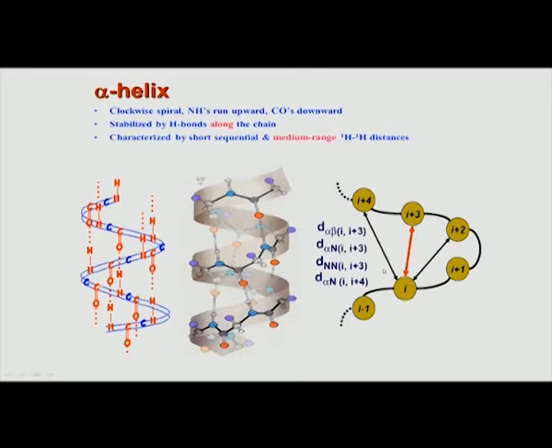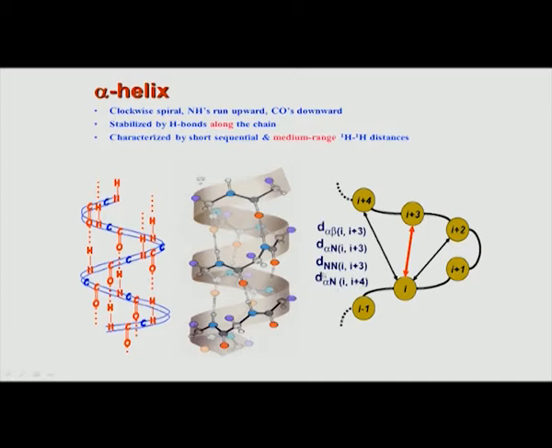Similarly, for a helix there are some more: I to I plus 4, I plus 3, I plus 2 and so on. Basically it is I to I plus 3 and I to I plus 4, between alpha and amide protons, where N is for the amide proton. Between the alpha proton of I and the amide proton of I plus 4, the distance is less than 5 angstrom. Now, how do you know it is less than 5?